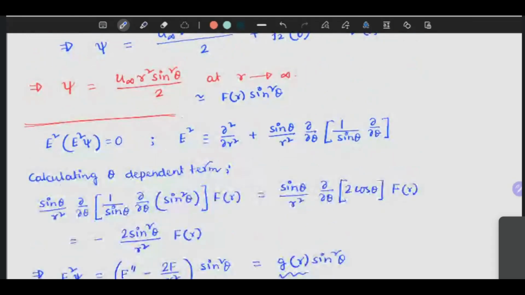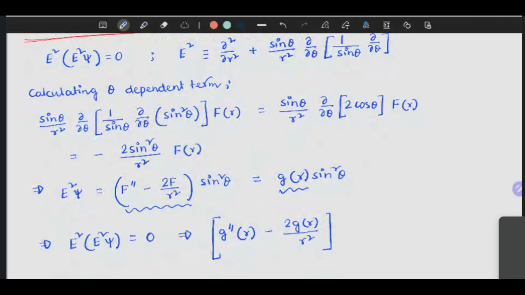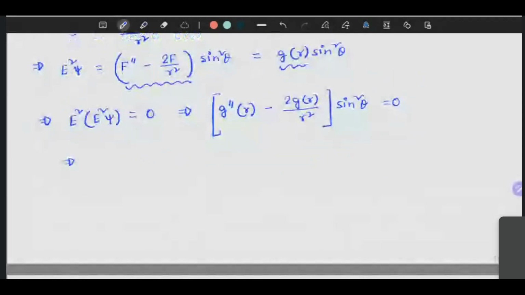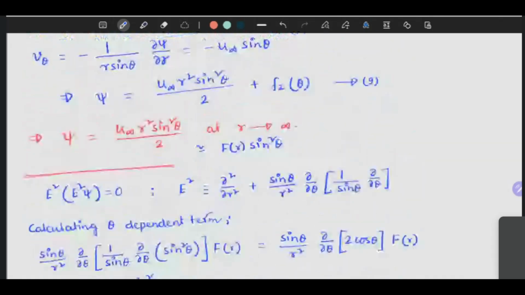There was f of r sine square theta, here E square psi was g of r sine square theta. So this will be times sine square theta equals 0. That makes it g double prime of r minus 2g of r by r square equals 0. This is equation number 9.